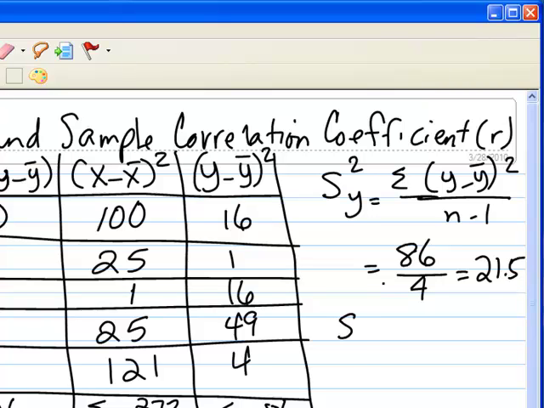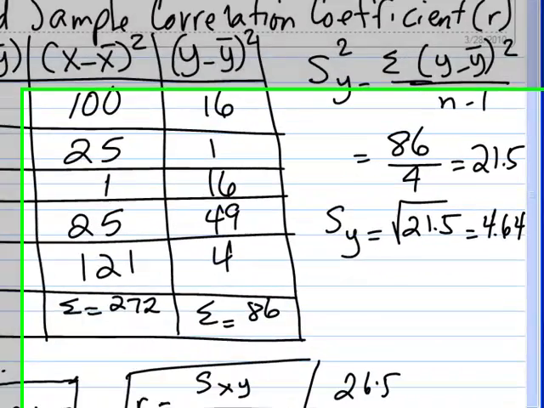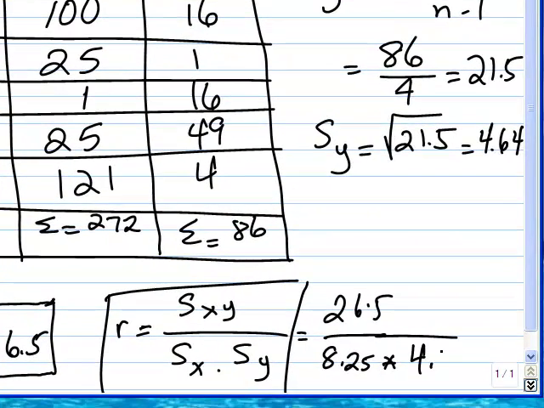Now the standard deviation of y would be the square root of 21.5, which is 4.64. We'll put that in the denominator. And if you go through that math right there, your sample correlation coefficient would be approximately 0.69.